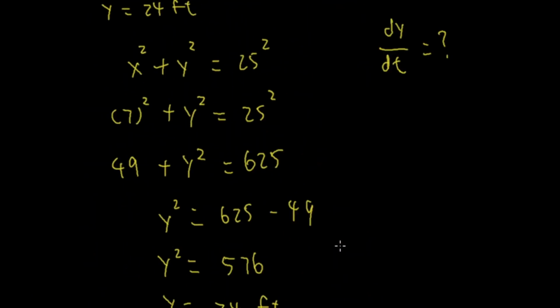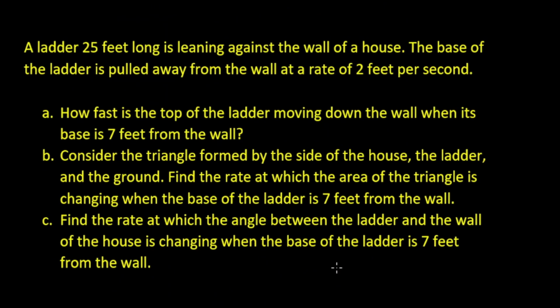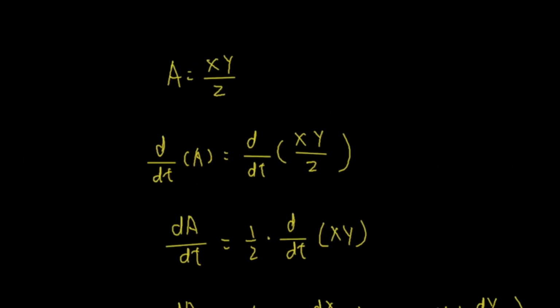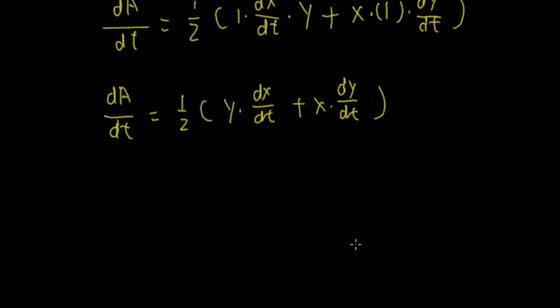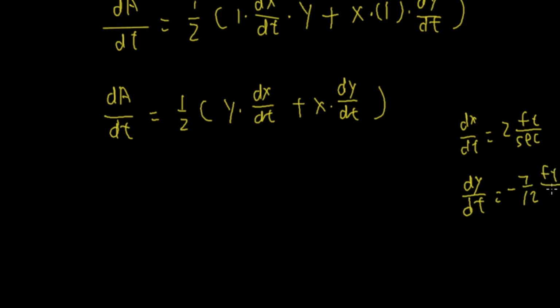Because it's the same thing here. Part A is 7 feet away from the wall, and part B is also 7 feet away from the wall, okay? So we do know that dx over dt is 2 feet per second, and dy over dt is negative 7 over 12 feet per second.